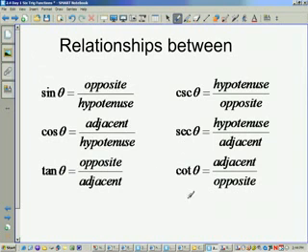One way a lot of people can remember these is each pair has a co in it. Now, this doesn't have an O, but we know this is cosecant. So there's a co in there somewhere. So sine matches with cosecant, cosine matches with secant, and tangent matches with cotangent.